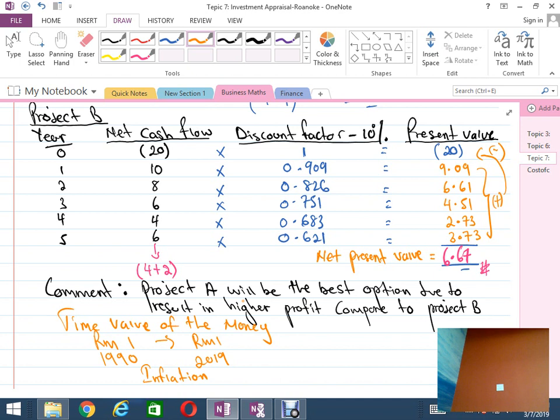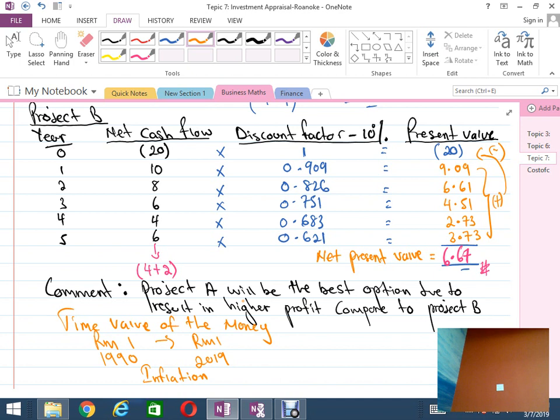So years 0, 1, 2, 3, 4, 5, with cash flows 90, 40, 30, 20, 20, 24, 1, 20. Then you calculate the discount factor but use the shortcut that I tell you.